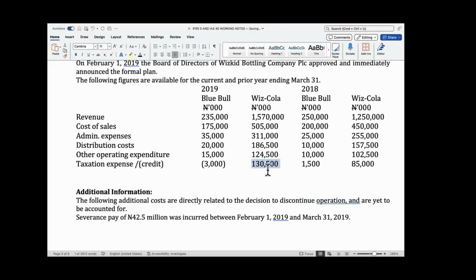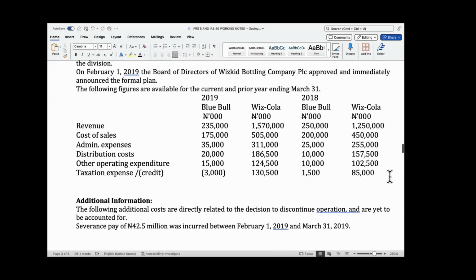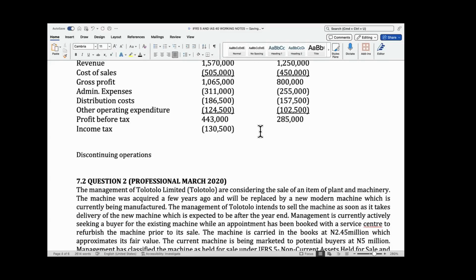Thank you. The income tax for 2019 is 130,500, and for 2018, that's 85,000. Then we have our profit for the year.